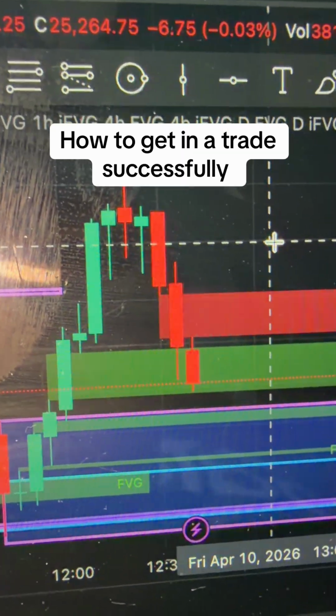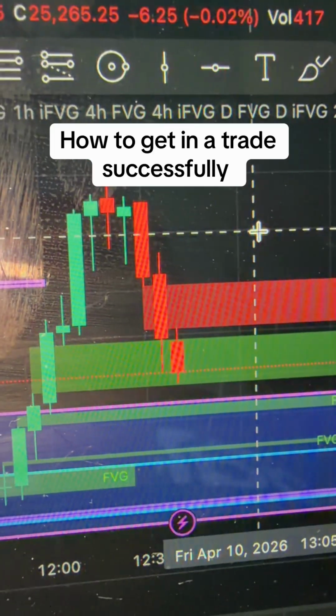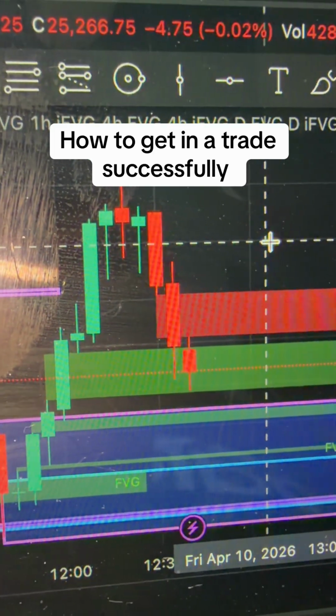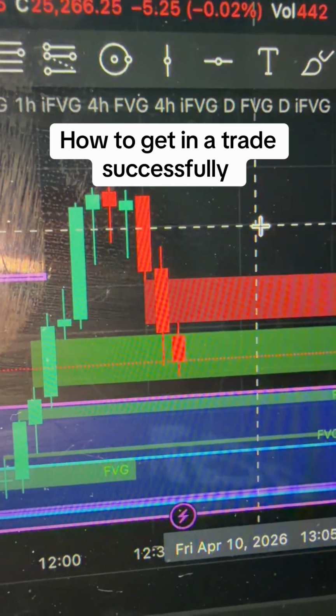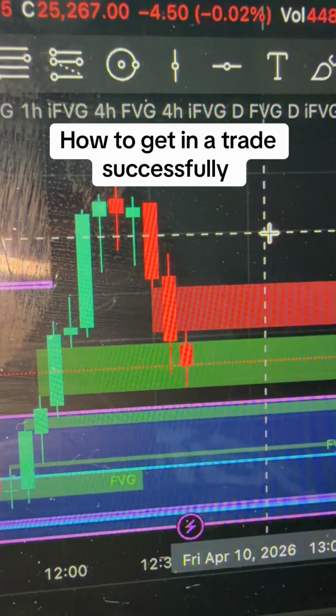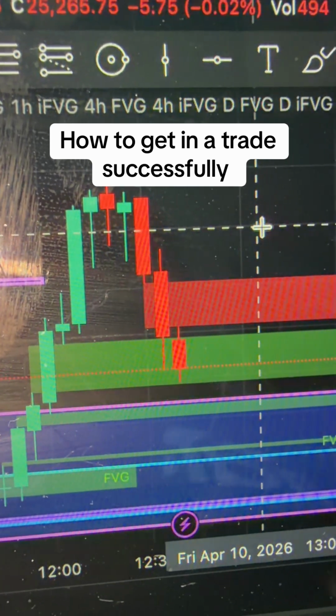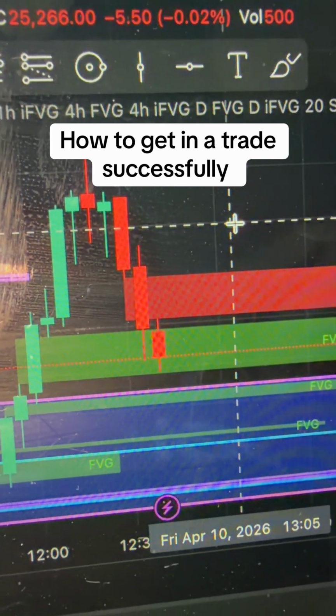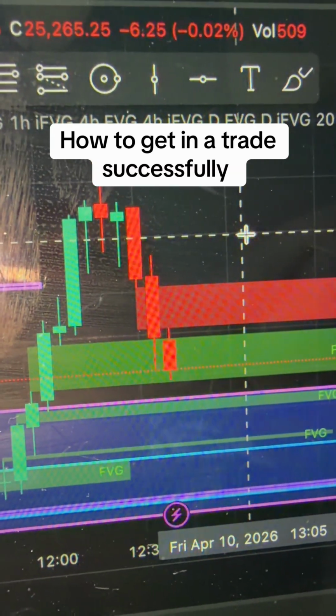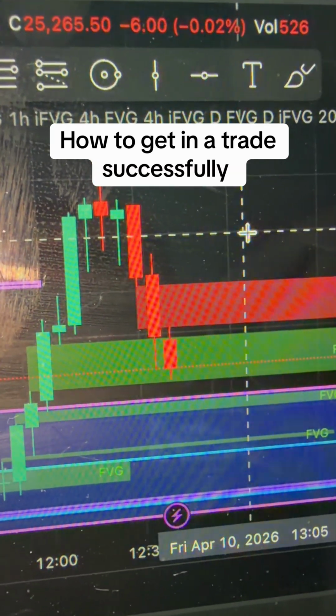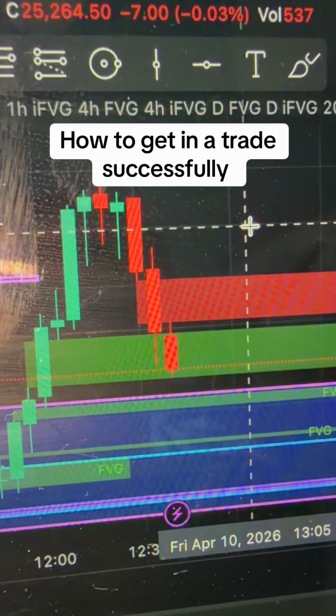That's why it is important that when you are learning how to trade, you need to spend time in these charts. Find one good chart, an index. The one I use is the NASDAQ 100 in futures, and I also go on gold.